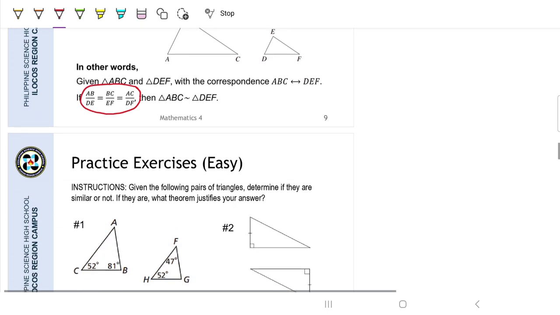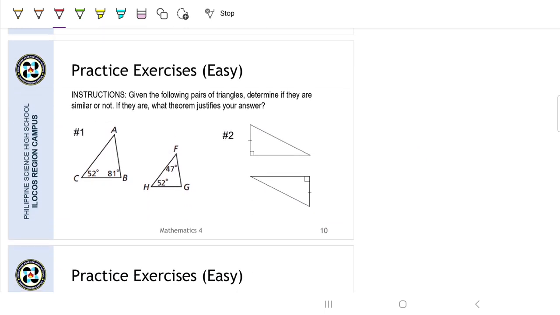So let's look at some practice problems. Given the following pairs of triangles, determine if they are similar or not. If they are similar, let us try to see what theorem was used to justify the answer. For number 1, we have here triangle ABC and triangle FGH. If we notice, angle C is congruent to angle H because they are both 52 degrees.